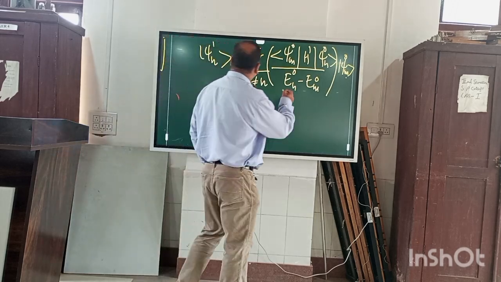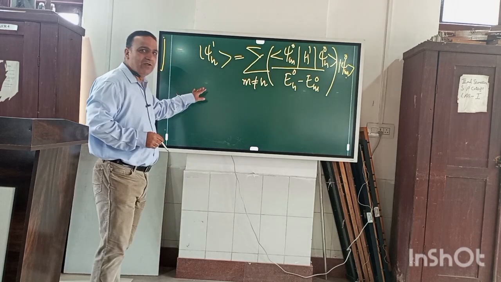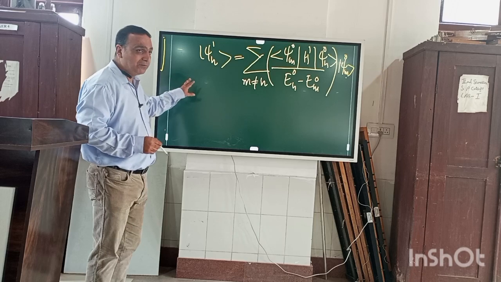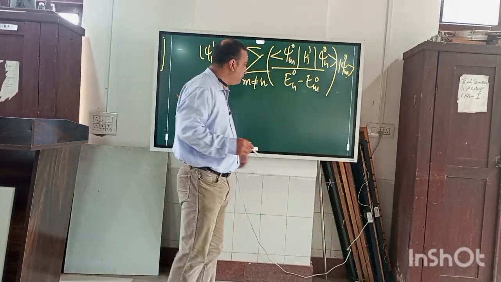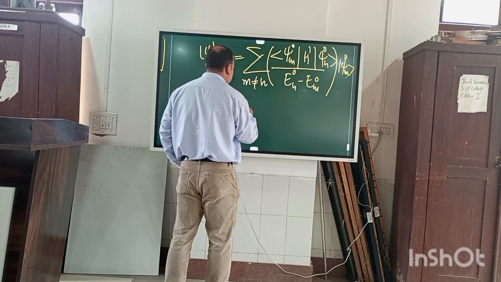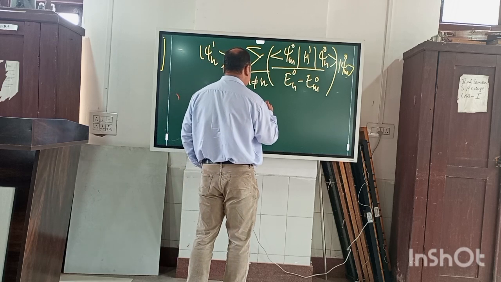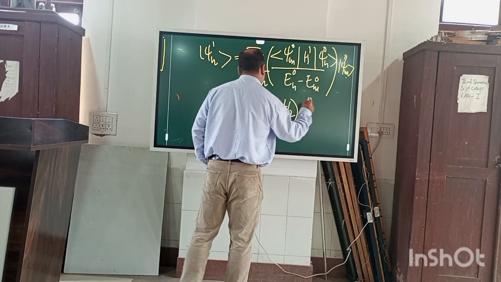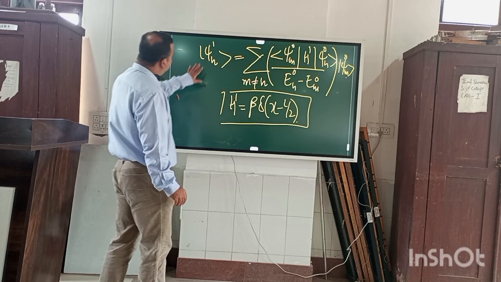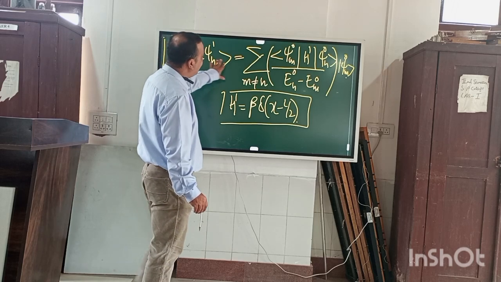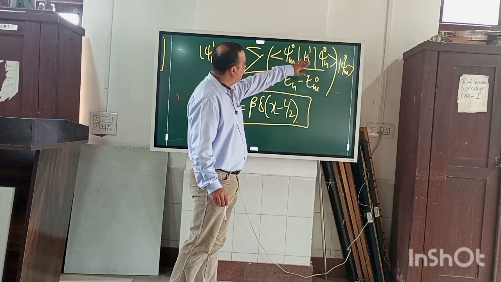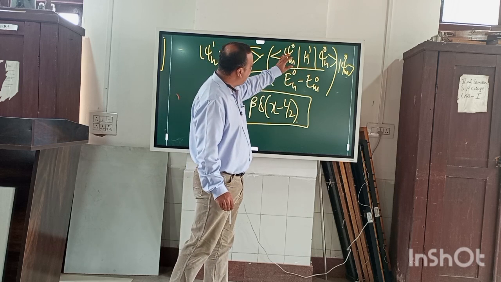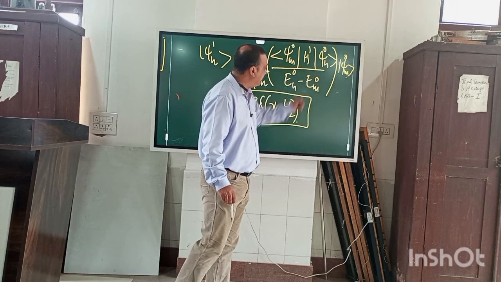We have to calculate this first order correction in the eigenfunction for the given problem, in which we introduce a perturbation equal to beta delta of x minus L by 2. To do so, we would like to calculate the expectation value of the numerator, and then the difference between En naught and Em naught.